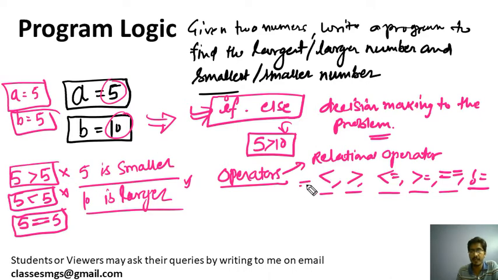You might have heard of those in your theory classes. How does less than work? Let's suppose 5 is less than 10, where less than in programming is denoted by this symbol. If 5 is less than 10, then the condition will be true.